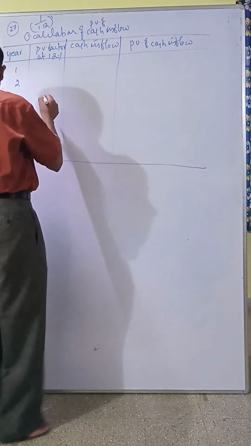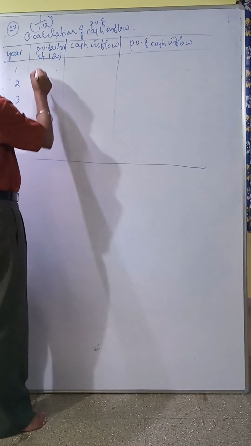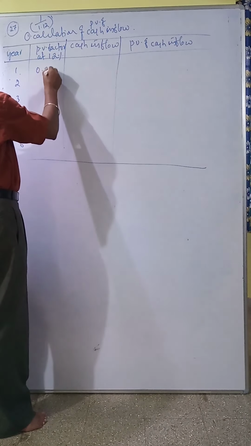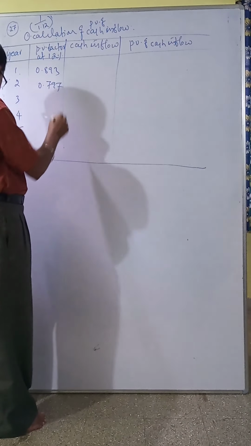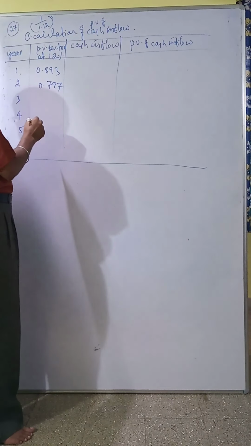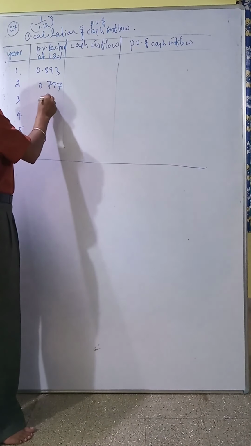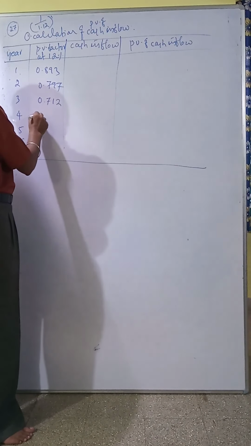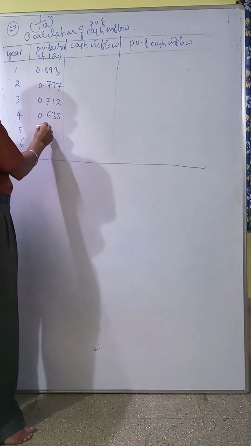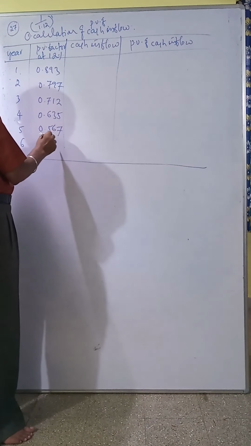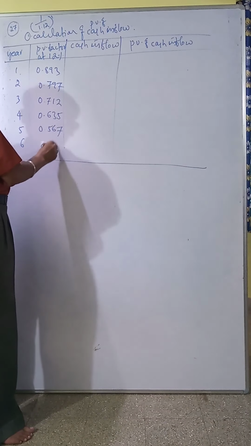In this question they have given the discount factors: 0.893, 0.797, 0.712, 0.635, 0.567, 0.507.